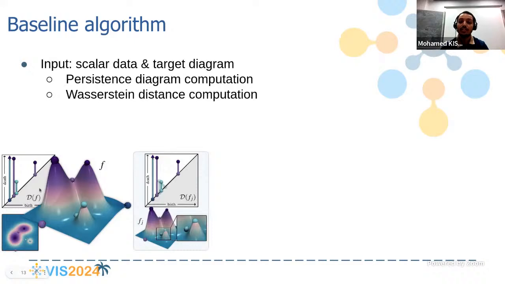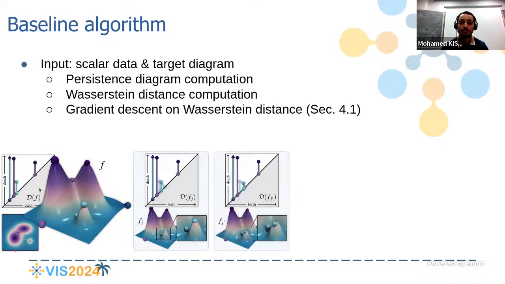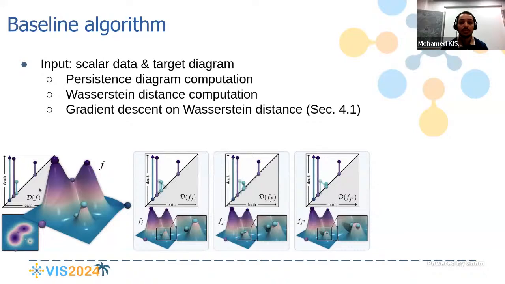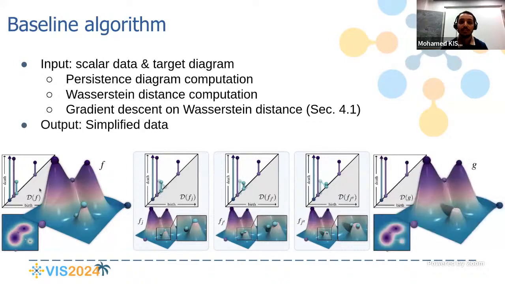This is based on an assignment problem, and this allows us to identify which pairs we need to modify to make the scalar field persistence diagram more similar to the target diagram. Once the assignment is computed, we optimize our data to minimize the Wasserstein distance between the target diagram and the diagram of the current field. And we repeat this step until convergence is achieved.